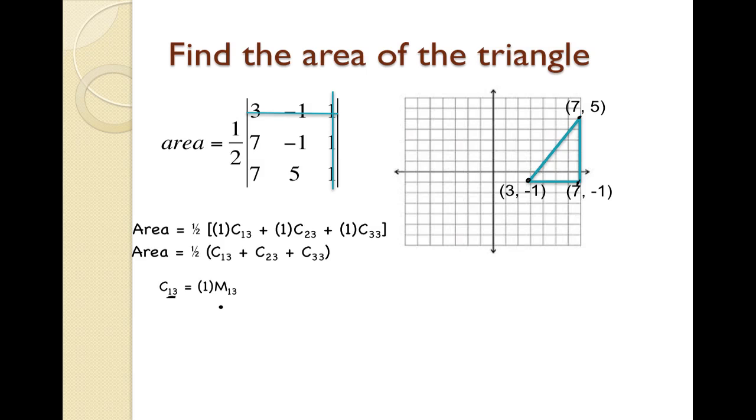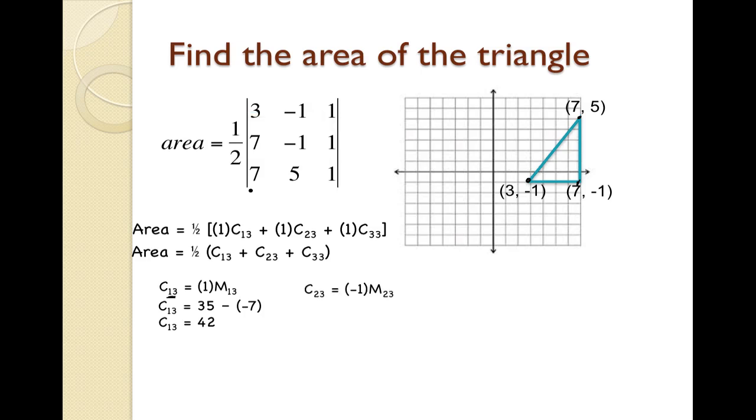So to find the minor of row 1, column 3, we cross out row 1, just like we did here, and column 3, and solve for the determinant. So that means my minor is going to be 7 times 5, which is 35, minus a negative 7, which gives me 42. So my cofactor of row 1, column 3 is 42. Okay, so now let's move on to the next one.